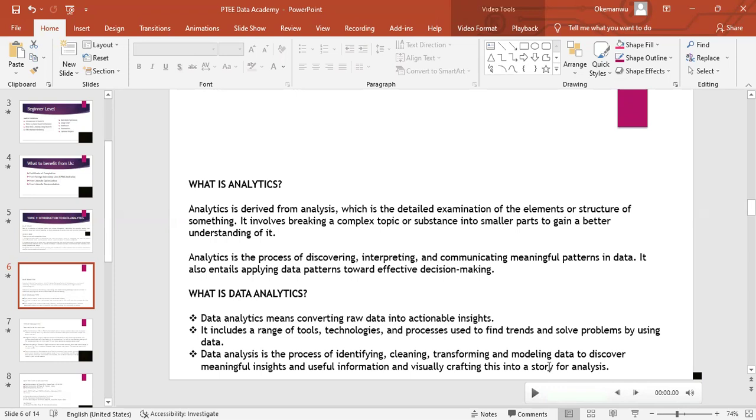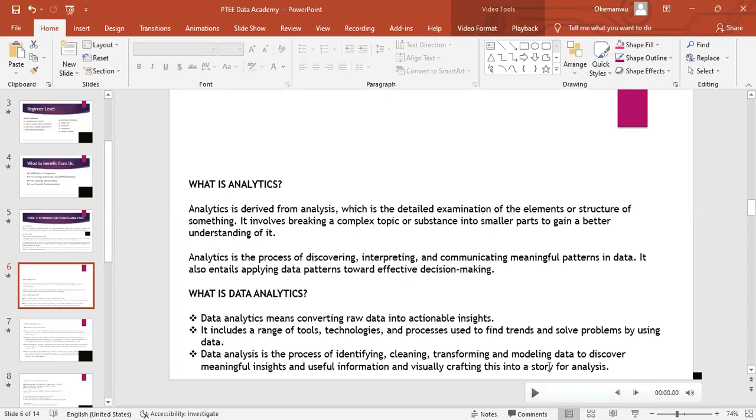The ability to discover those trends or hidden patterns in data is what gave data analytics the increase in demand. The reason why you are studying this is because you want to gain that ability to discover hidden patterns in data.